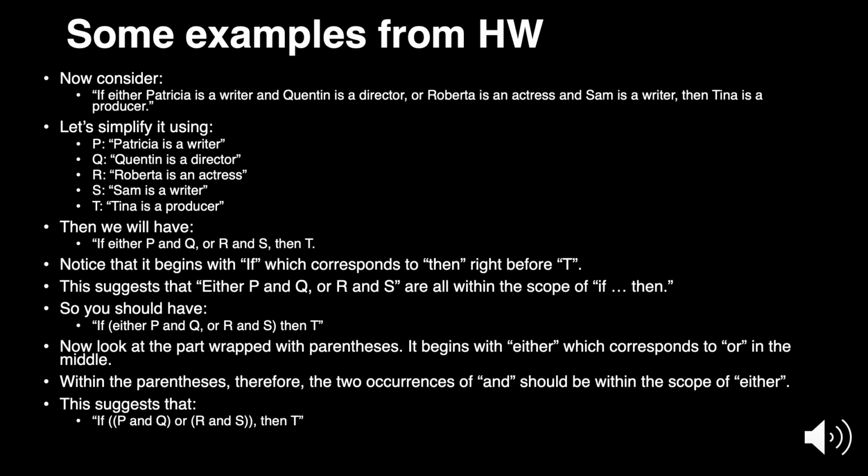So you should have: if either P and Q or R and S, then T. And you should finally introduce those symbols for and, or, and if-then to finish up the translation into our symbolic language, and I'll leave that last maneuver to you.